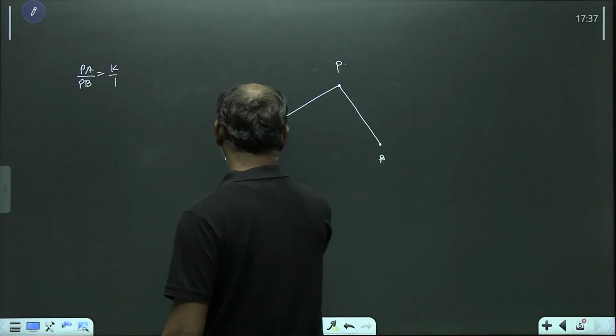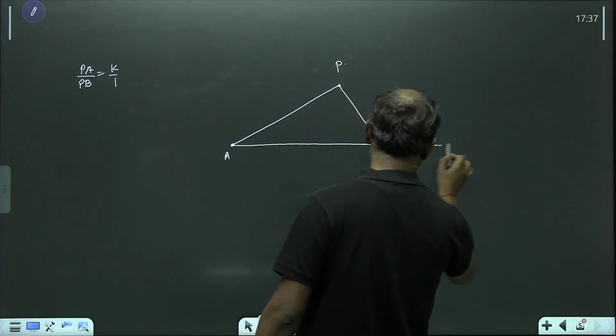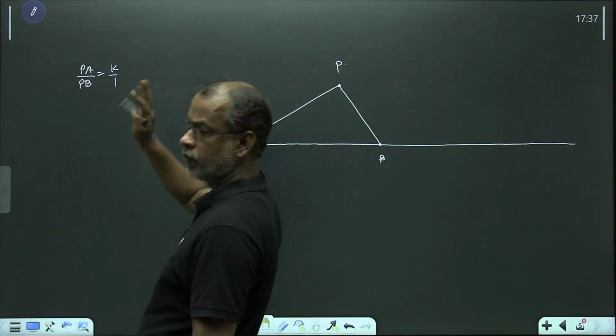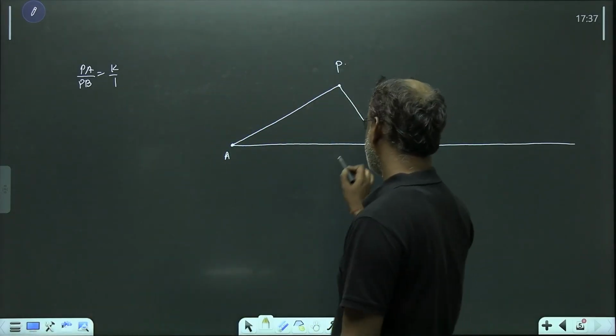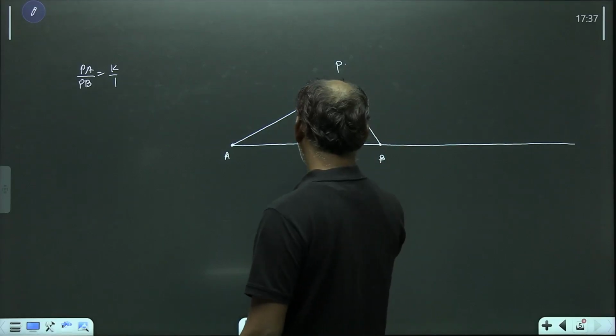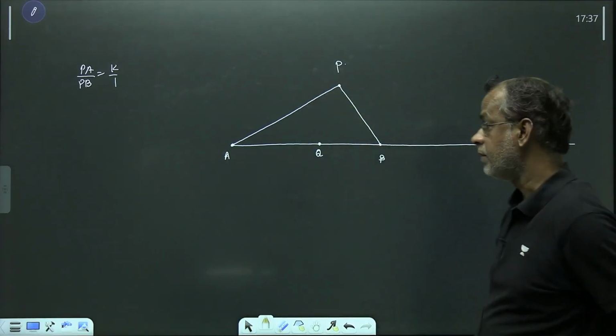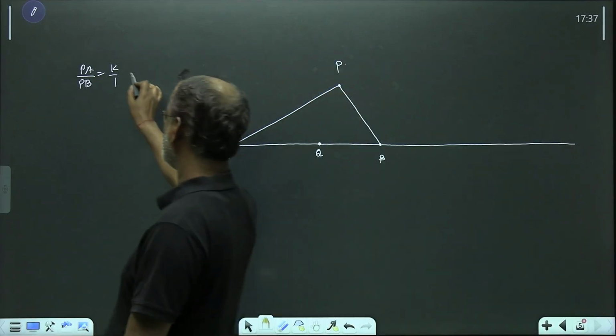Now, on segment AB, suppose this is 2 is to 1 for example, there will be a point Q which divides AB in the ratio 2 is to 1.